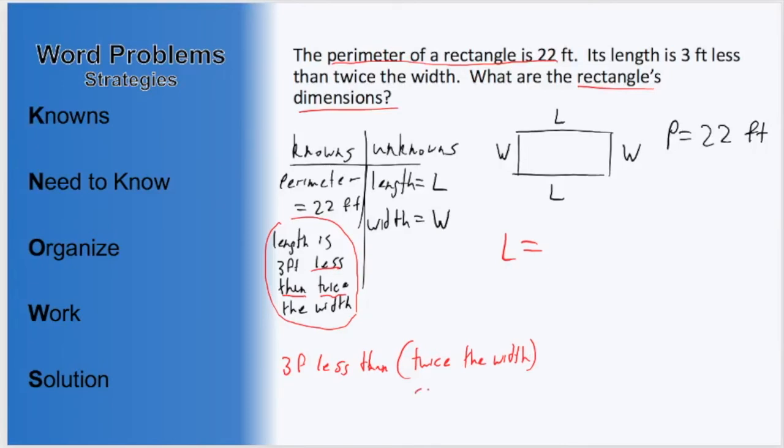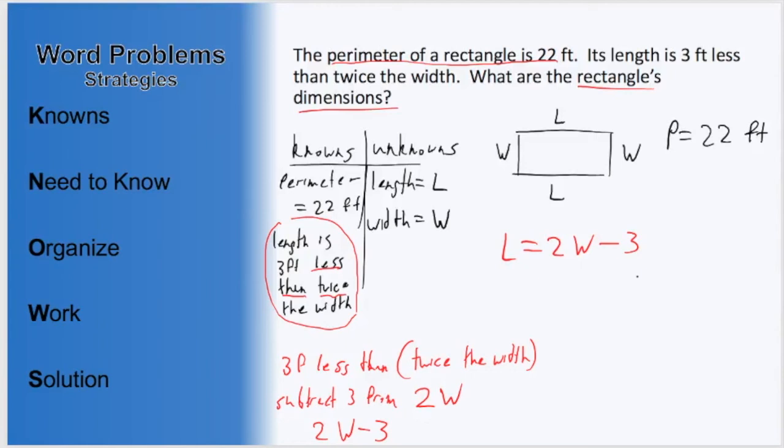So we want to have twice the width, and then take 3 away from that. Translating this into pure math now, this is what we get. And this is the value of the length. The length is 3 less than twice the width.